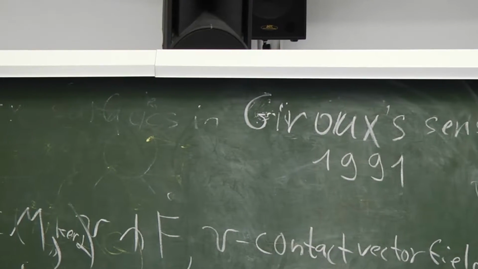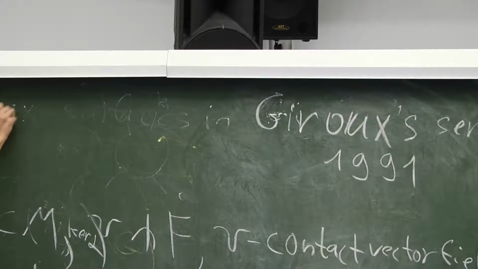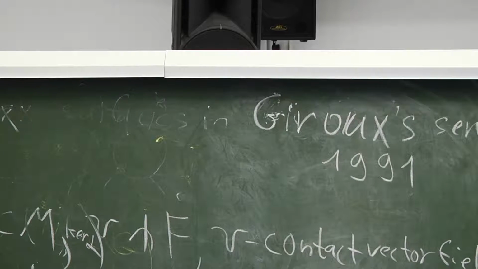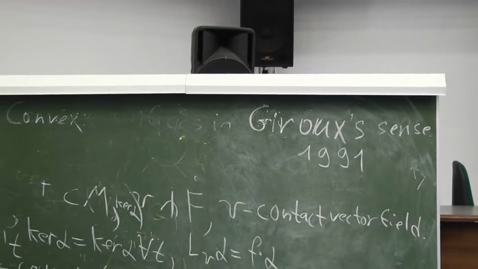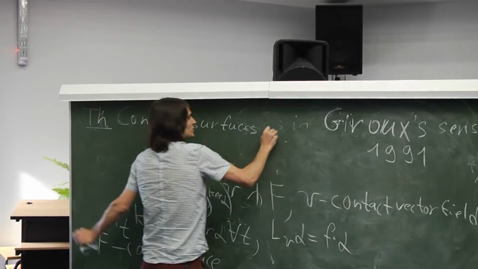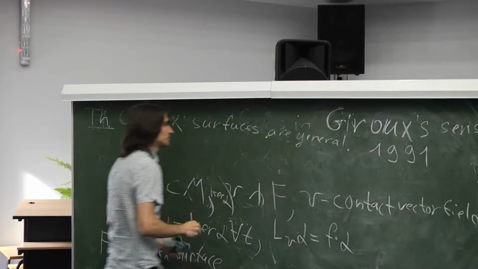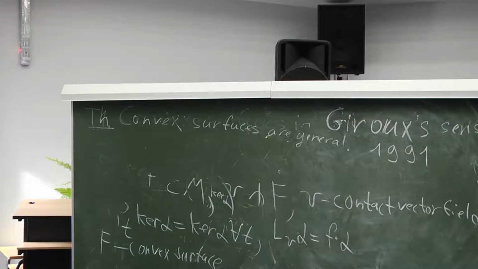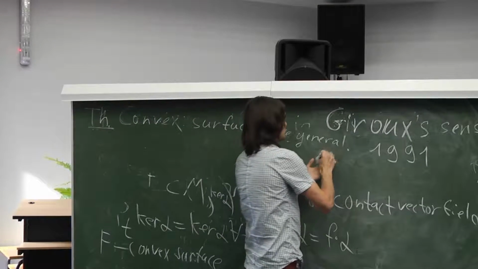So, every surface may be slightly moved smoothly, and it will be convex. Convex surfaces are general. Generic. Sorry for my English.